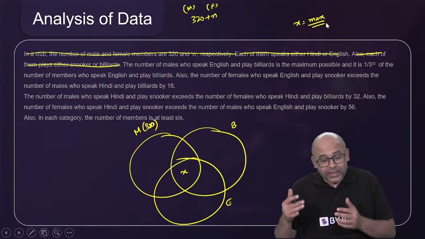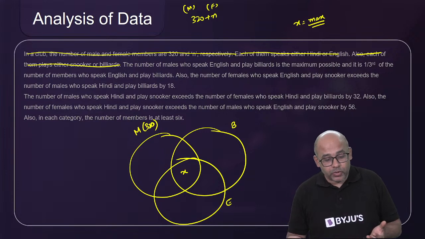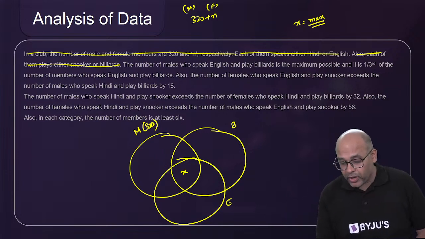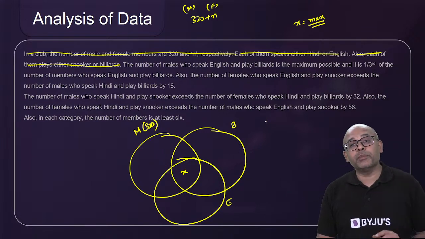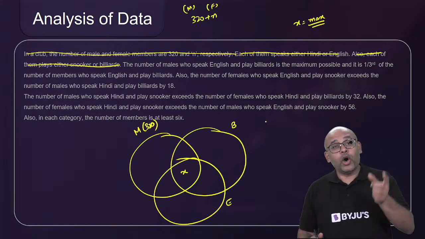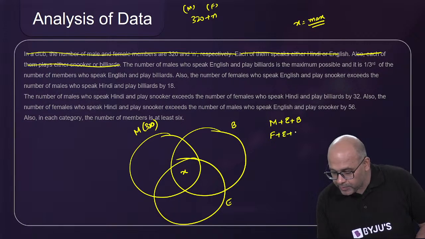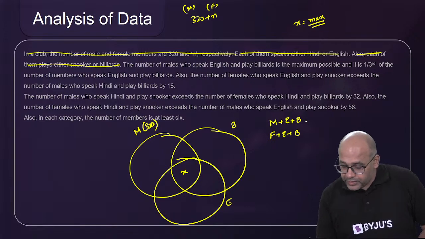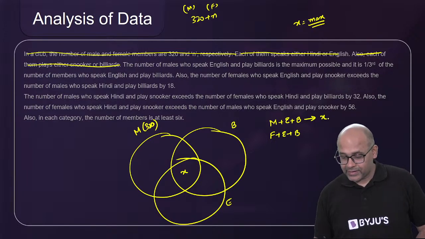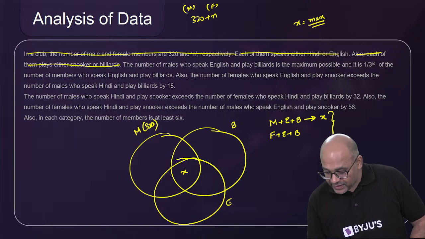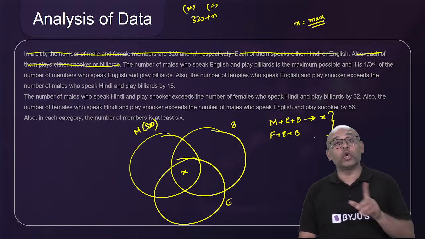And it is 1/3 of the number of members who speak English and billiards. So first of all, who speaks English and billiards? It's either male or female, correct? So male plus English plus billiards and female plus English plus billiards. This is your X.